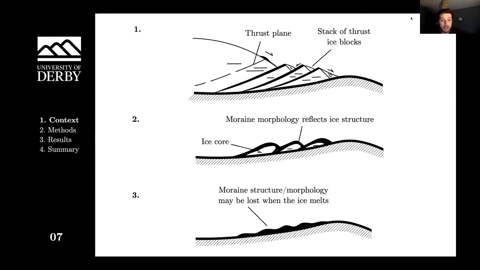However, this has been challenged in the literature and there's been lots of debate around it. And in the UK, there has been work seeking to draw analogues between modern day Svalbard and the Younger Dryas, and that again has been subject to debate in the literature.